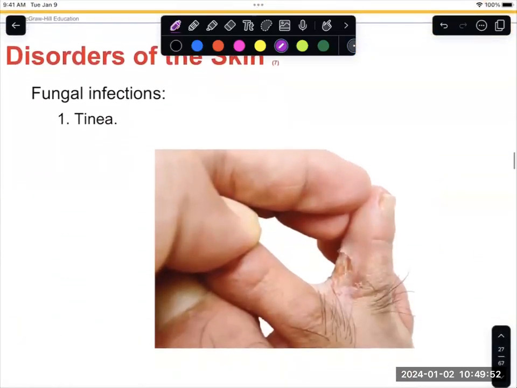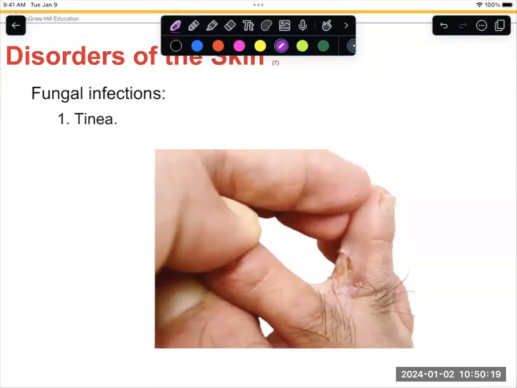Tinea. Tinea is a type of fungal infection. It's a group of different skin-related infections. So fungi, these are found in the non-living stratum corneum and its derivatives.